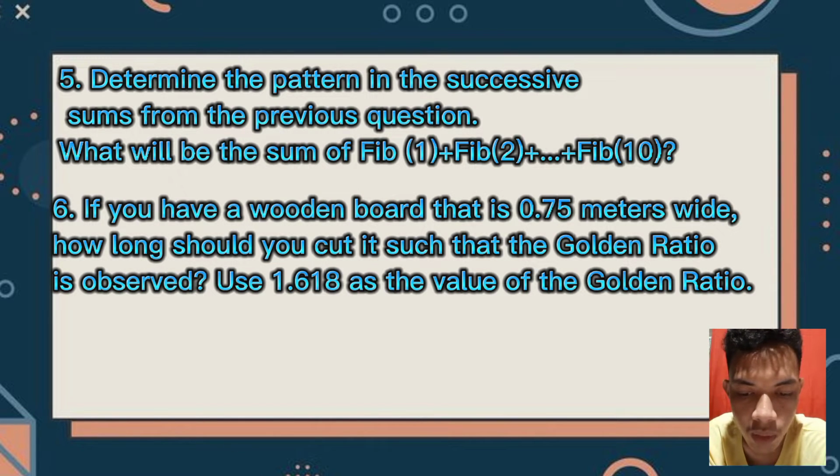What will be the sum of Fib 1, Fib 2 to Fib 10? Answer completely. 6. If you have a wooden board that is 0.75 meters wide, how long should you cut it such that the golden ratio is observed? Use 1.618 as the value of the golden ratio.